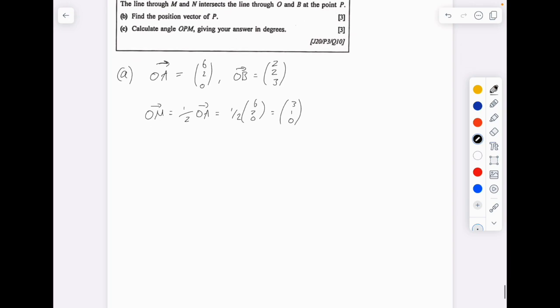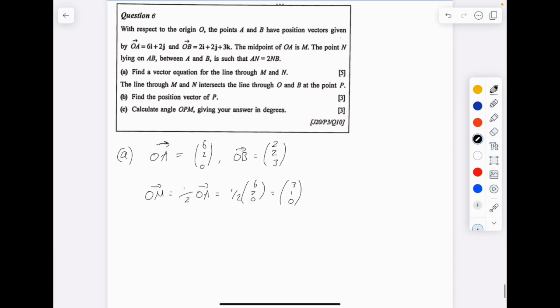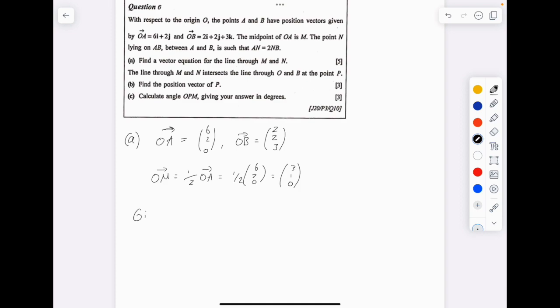Now, what I can say is, well, given that over here AN is equal to 2NB, the question lies, right, how do we go from here, use this information to guide us, because at the end of the day what we're trying to find is MN.